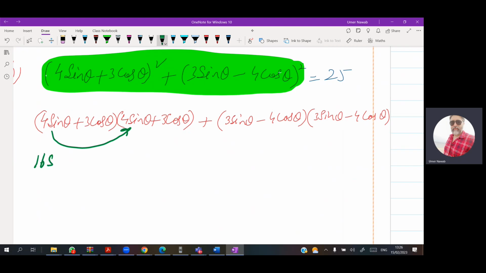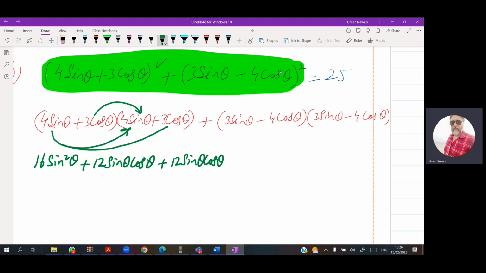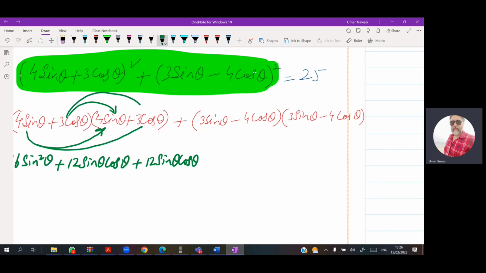Sine times sine is sine squared theta. And then I multiply this: 3 times 4 is 12, then I have sine theta and cosine theta. 12 sine theta cosine theta. And then I have 3 times 3 is 9 cosine squared theta.